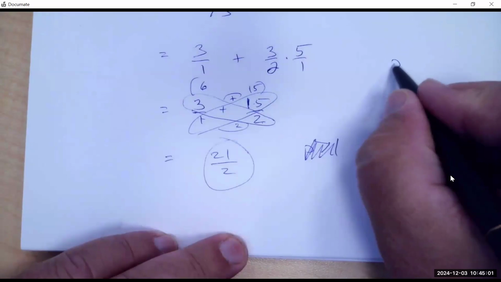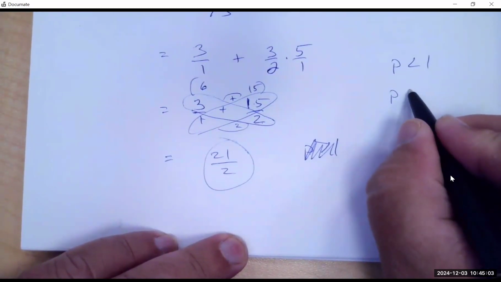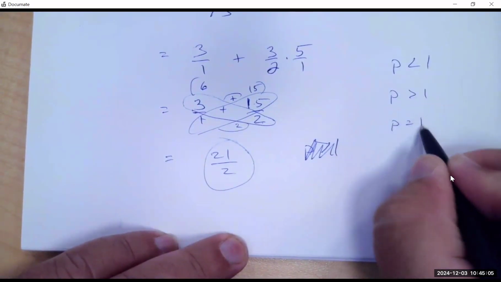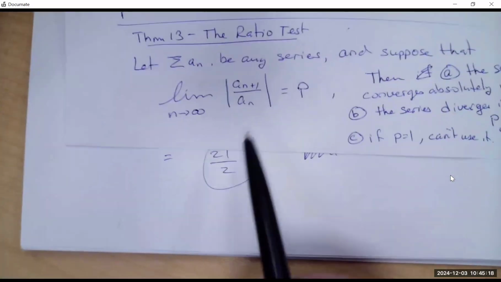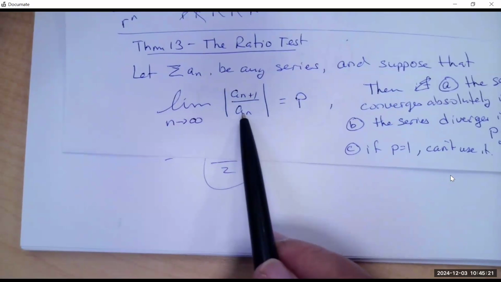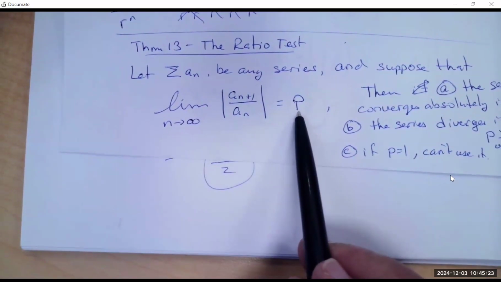Because remember, we have to look for a couple of things. Which one of these conditions does it fall into? Remember what P was defined as? P is the limit of A sub n to that. That's my value P.